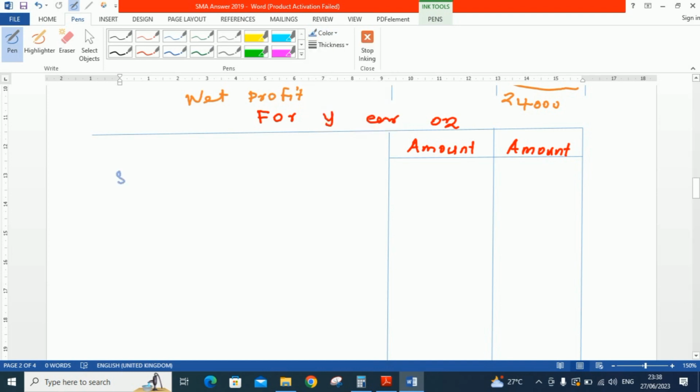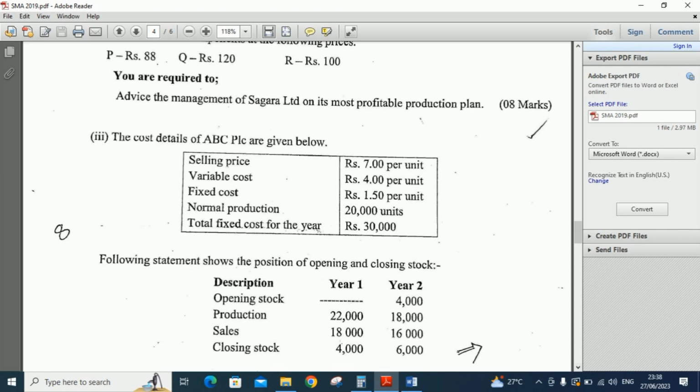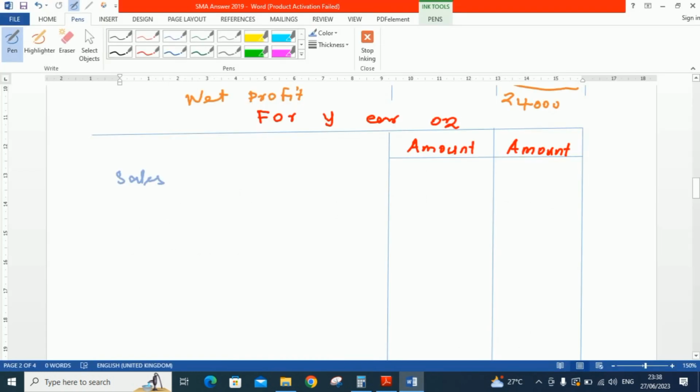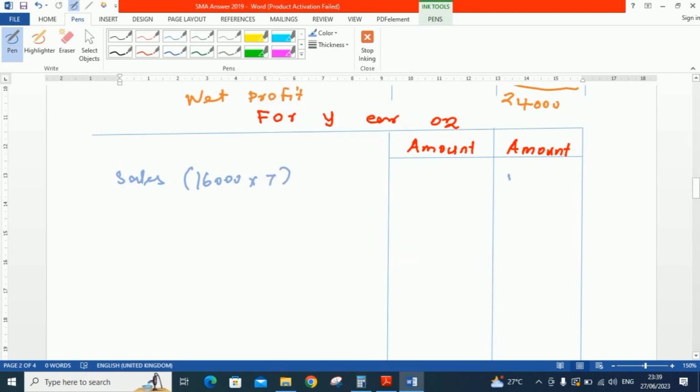Sales. Total sales as per the question paper: the sales unit is 16,000, so 16,000 into 7, total 112,000.